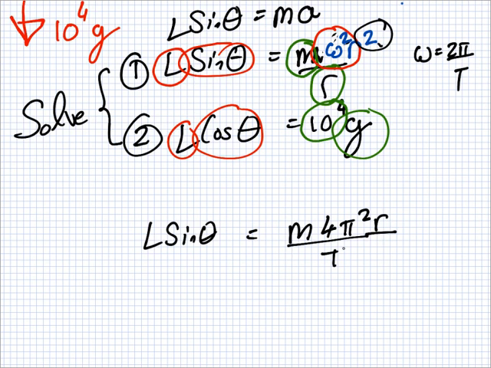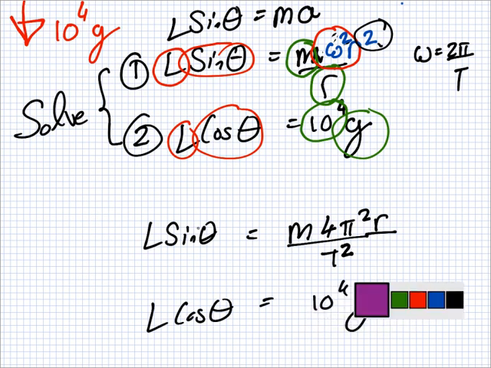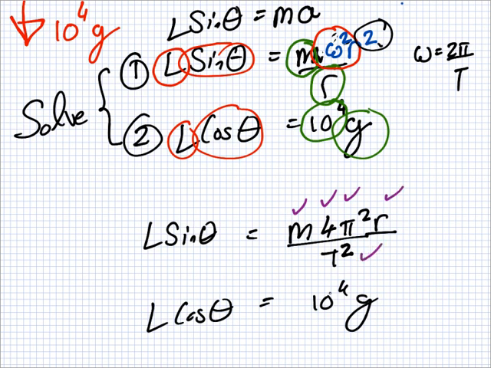Oh, sorry, what's my mistake? That should be T squared. 2 pi squared over T squared. Okay. Trust me, this looks much better. Because we know this, we know this, we know this. We don't know this and we don't know this. So now we're ready to go. What to do next?